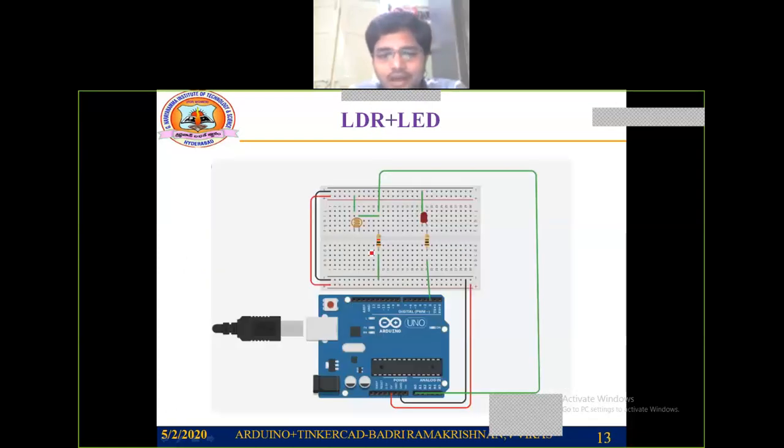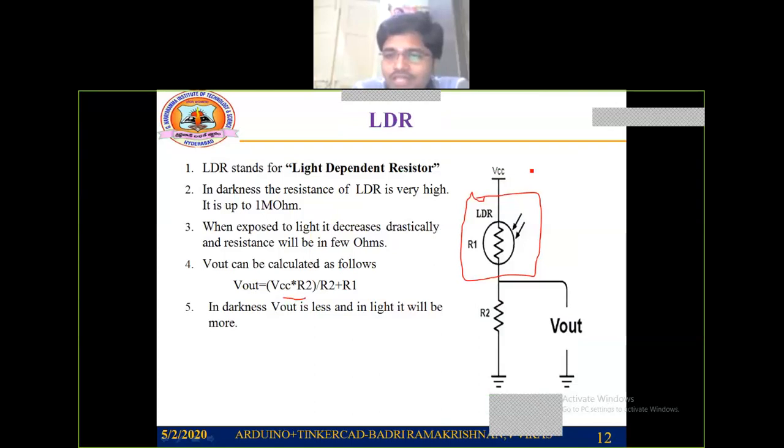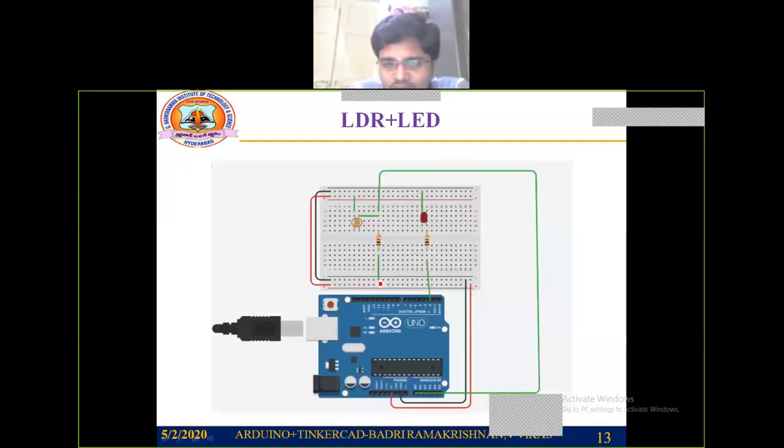You can see here, I have an Arduino to which I am trying to connect the LDR. One pin of the LDR I am connecting to the positive terminal, the VCC of Arduino. The other pin we are connecting to a resistor, and the resistor is grounded.